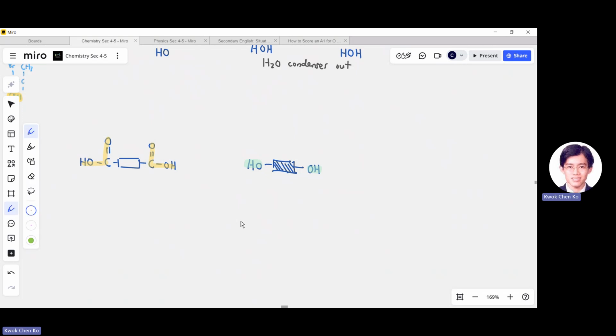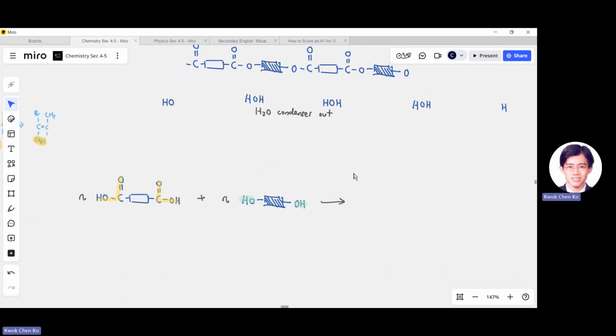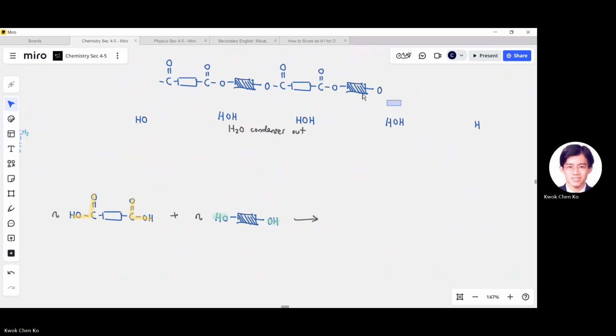So I put N of this plus N of that. And that is when you get your polymer. You can use structures to represent your equation.